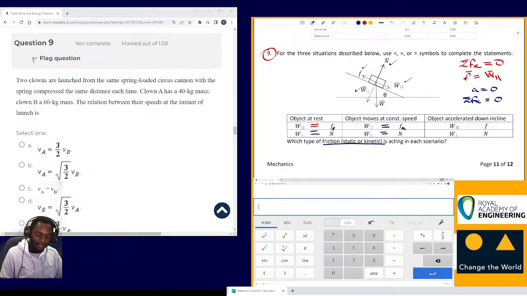Okay, then what else? Object accelerated down the slope. If the object is accelerating down the slope, now we have acceleration. If we have acceleration, it means that there is a resultant force in the x direction.